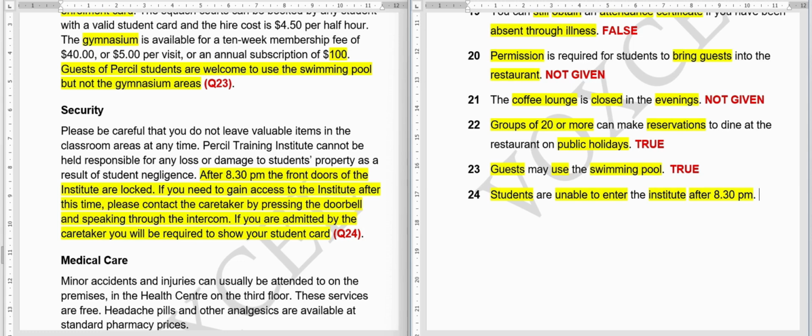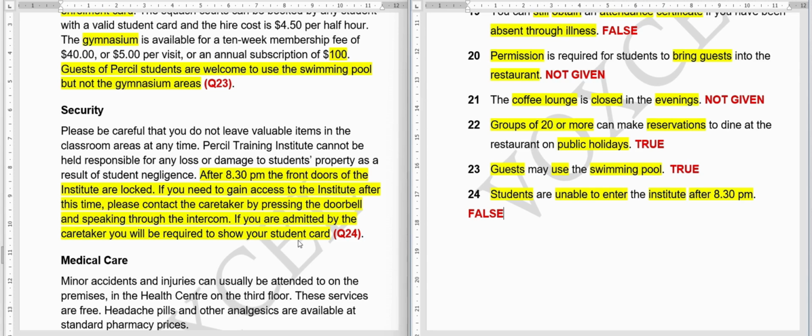So the answer is false. Why false? Because although the gates of the institute are locked, if you need access you can talk to the caretaker, and if you are admitted, which means if you are allowed to enter by the caretaker, you will have to show your student ID card, but you will be allowed to enter.